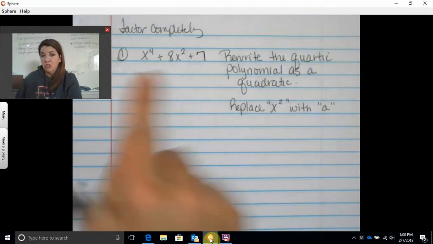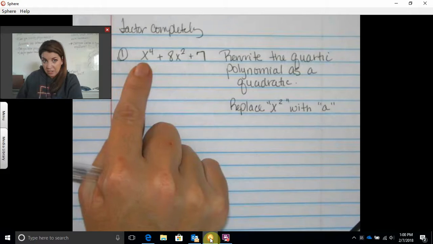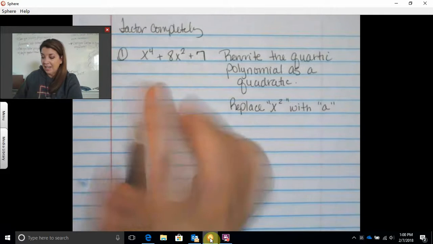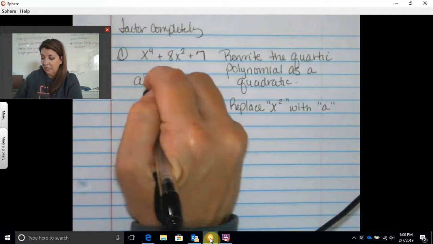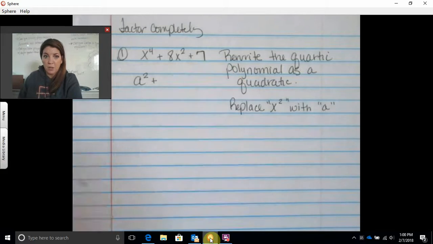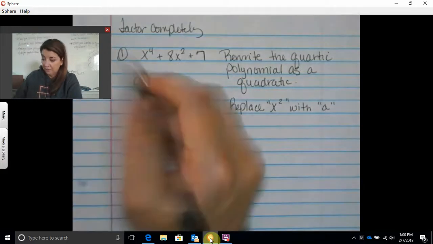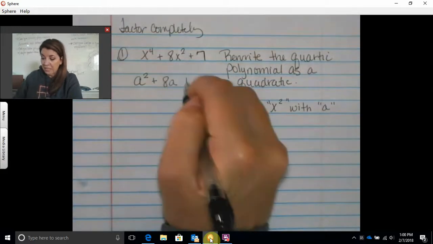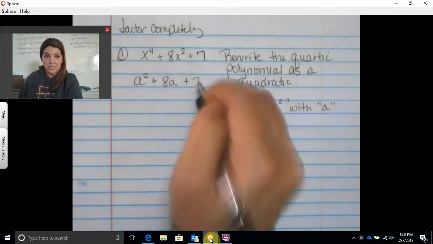So my first term's not x squared, it's x to the fourth. What do you think I'm going to write? Nice, a squared. Plus, instead of 8x squared, I will write 8a. And my last term doesn't have an x, so I'll just write plus 7.